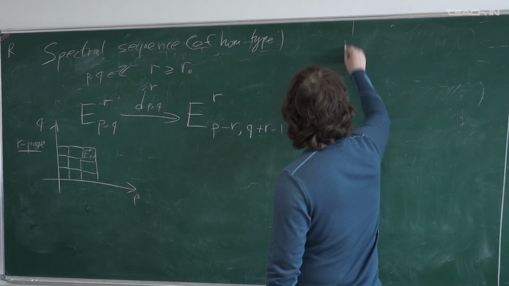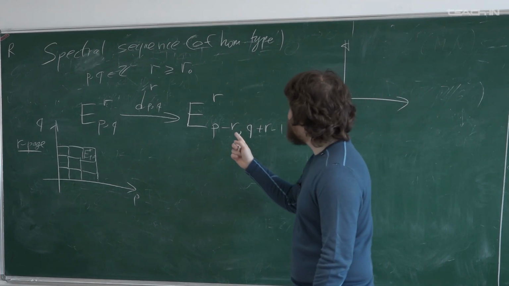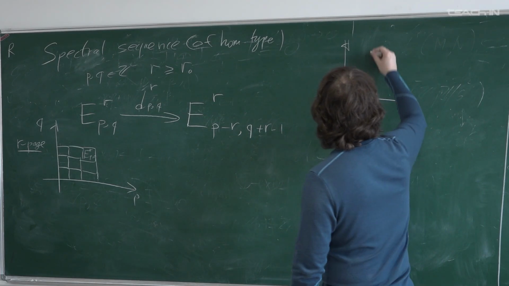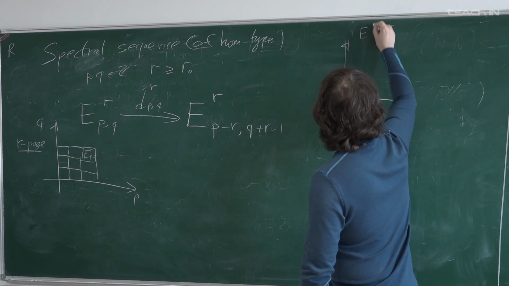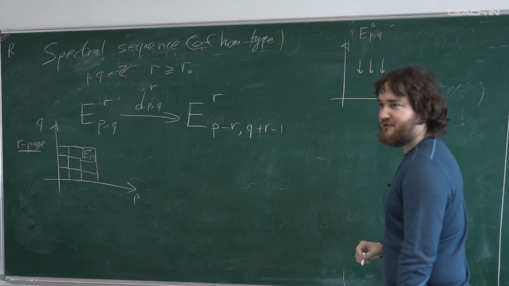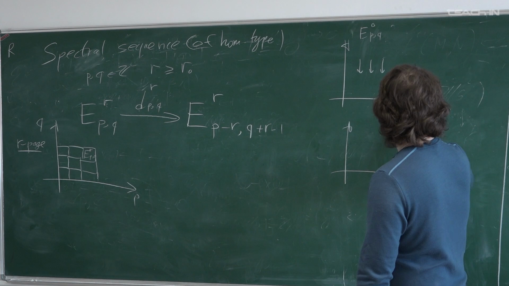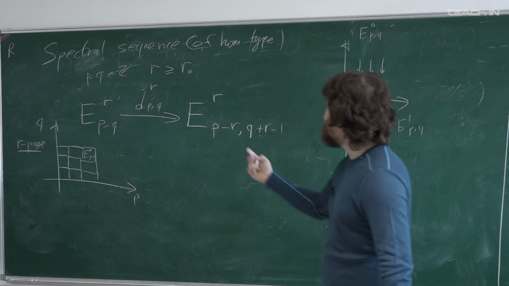For example, on the 0 page, it's bidegree (0, -1). So on the 0 page, it's such differentials. On the first page, it's bidegree (-1, 0).